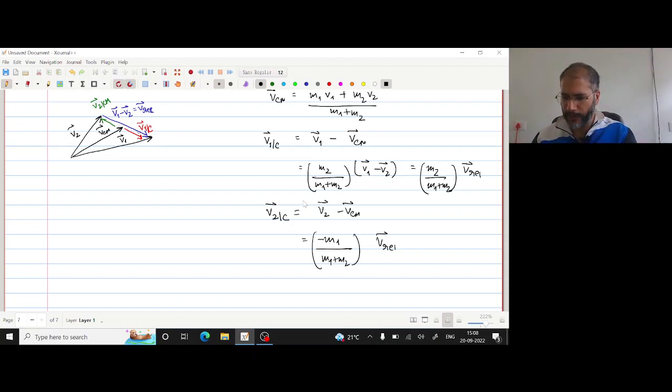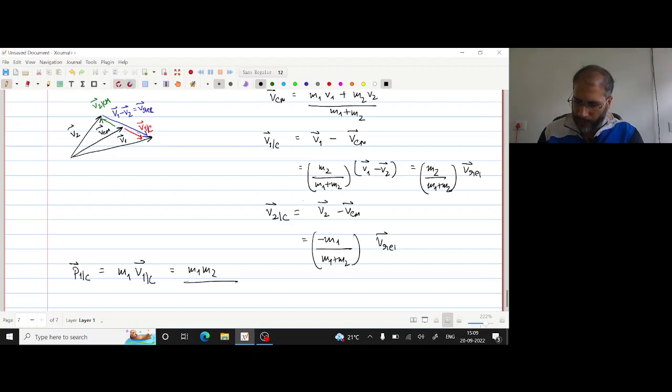So since we have V1 and V2 with respect to center of mass, or in the C frame, we can write the momenta. P1 in the C frame is m1 V1C, which simply becomes this quantity, m1 m2 upon m1 plus m2, times V rel.